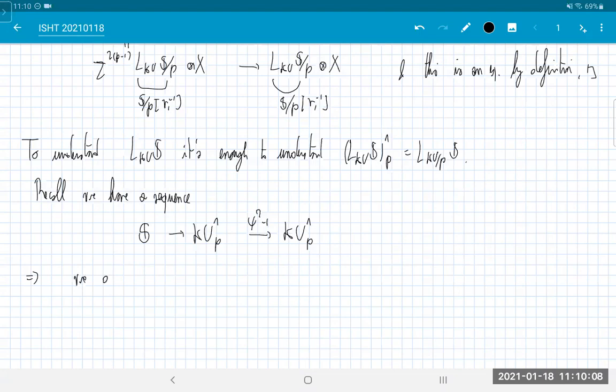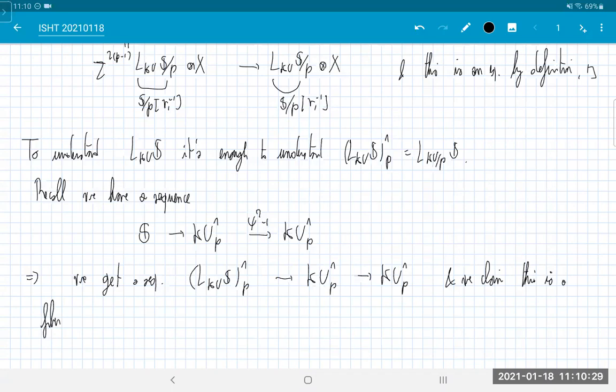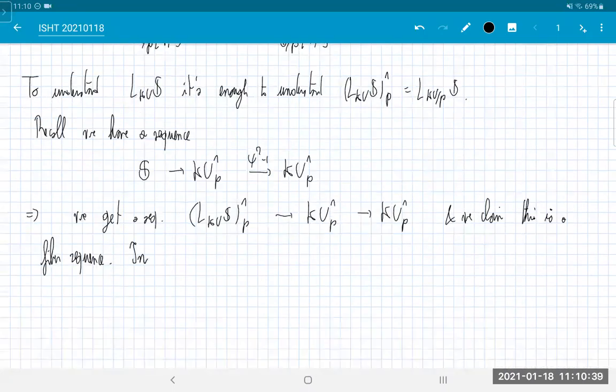So we get a sequence, and we claim this is a fiber sequence. Why is that? Well, everything inside is p-complete.